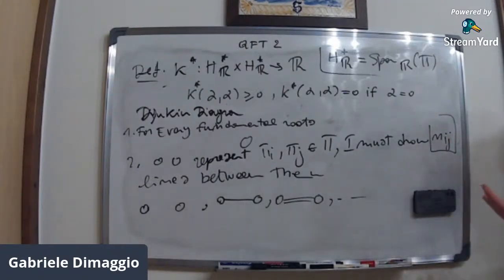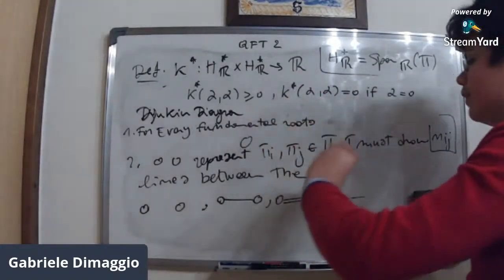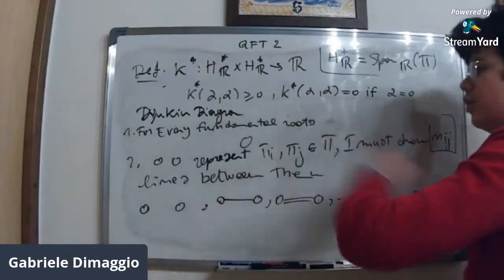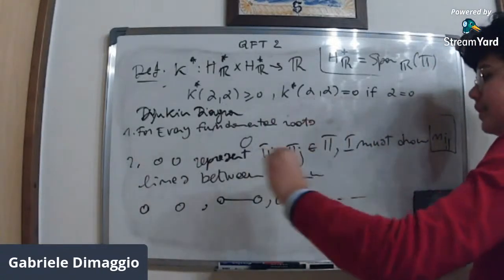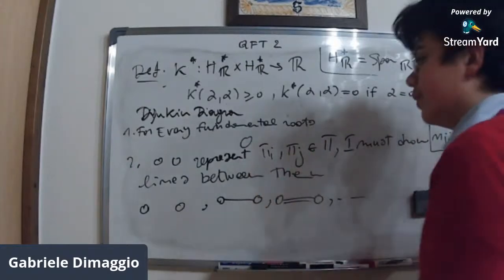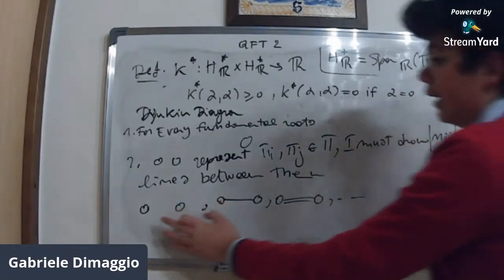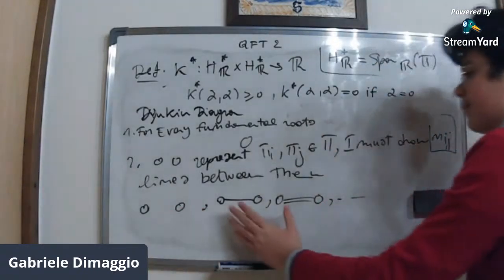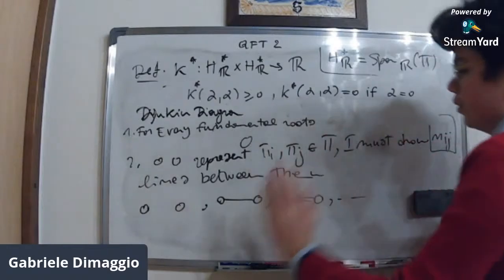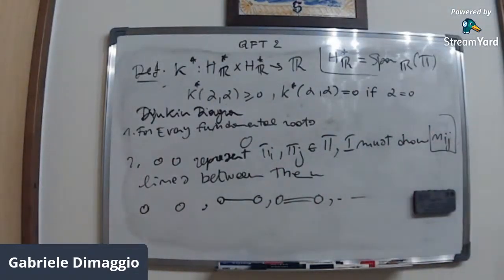For example, I have two Cartan matrices, and I have the multiplication between these two Cartan matrices, based on these two fundamental roots. If Nij is equal to 0, I have 0 lines. For Nij equal to 1, 1 line, then 2 lines, 3 lines, and so on. Perfect.